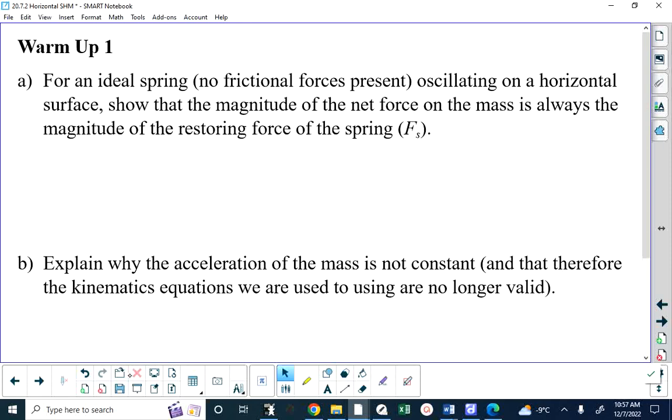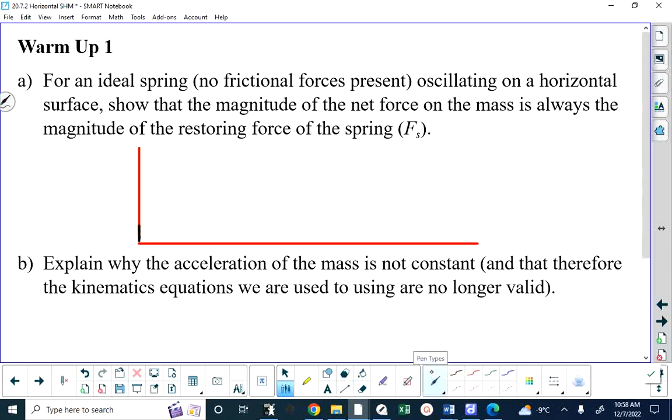But what I'm going to do is draw a system, and you can sketch it as well, where we have a vertical surface that we're going to connect the spring to. And we have a horizontal surface that the mass is going to be sliding back and forth along. So now we can draw in the spring.